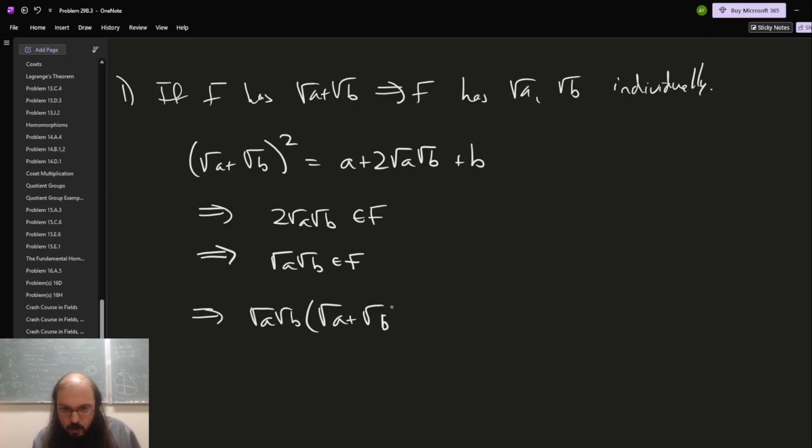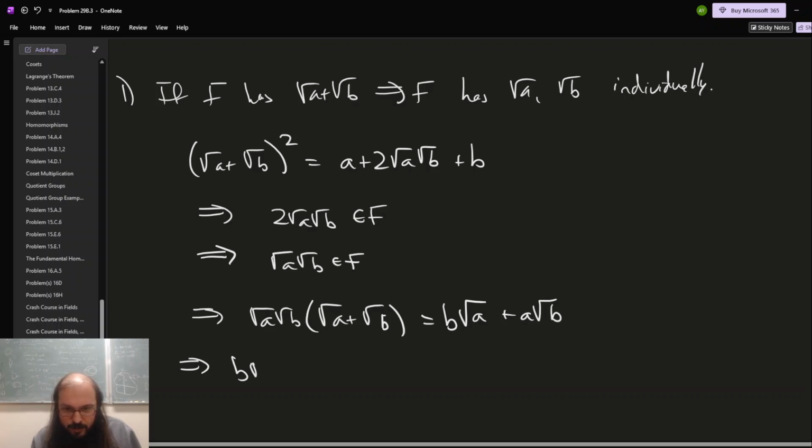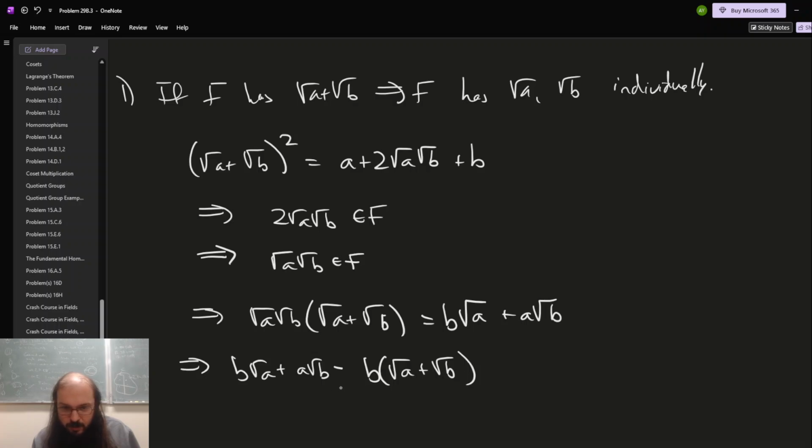But you see, since this is in F, so is square root of a square root of b times square root of a plus square root of b, which is equal to b square root of a plus a square root of b. And we're almost done now. The key is that since a and b are different, if this element is in the field, so is what I can get by subtracting off, for example, b times square root of a plus square root of b, because b is in the field and we assumed this is in the field.